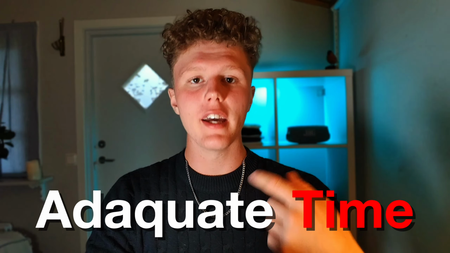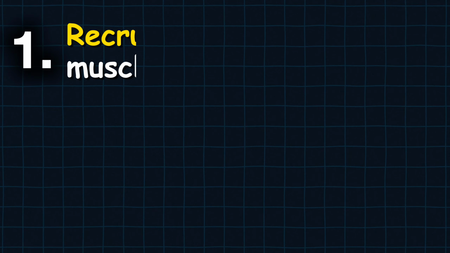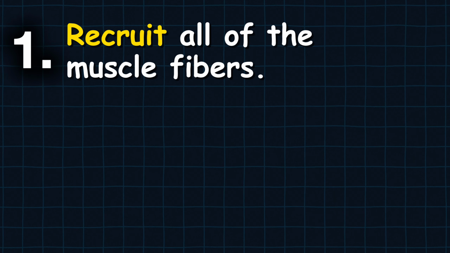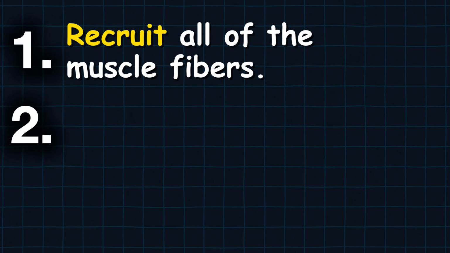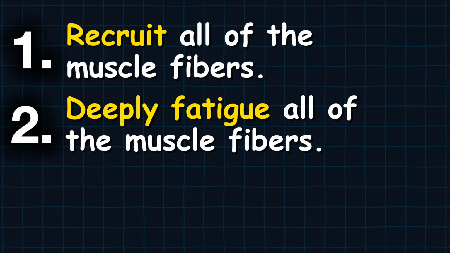And we want to be contracting our muscles against that resistance for an adequate time in order to, number one, recruit all of the available muscle fibers in the targeted muscle. Number two, deeply fatigue them, which is going to be necessary for recruitment and also stimulation.